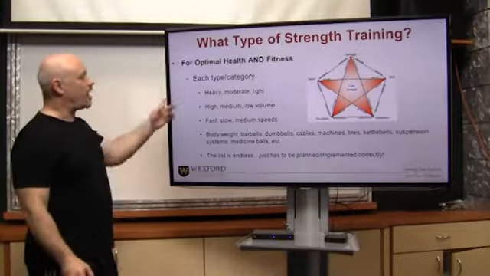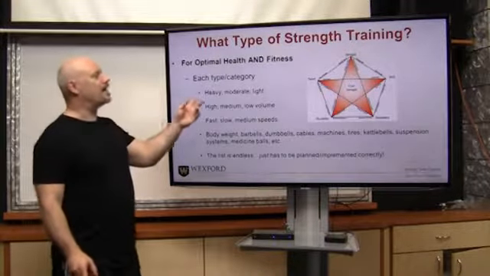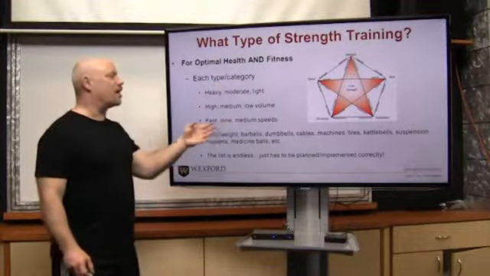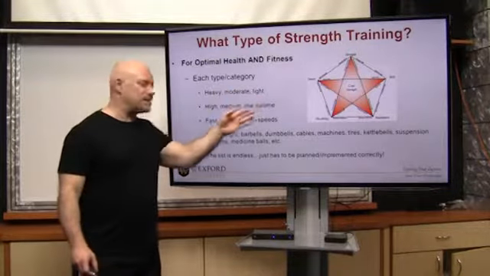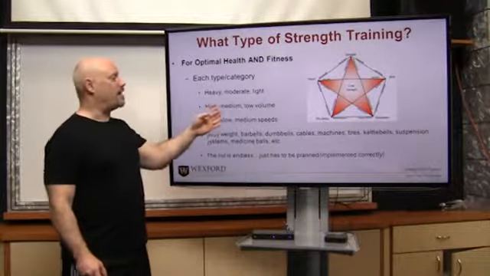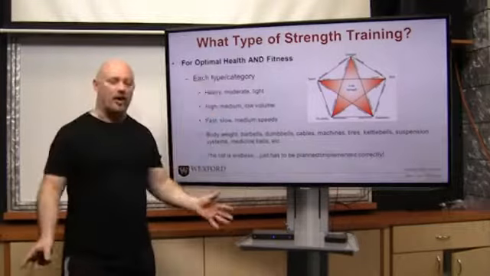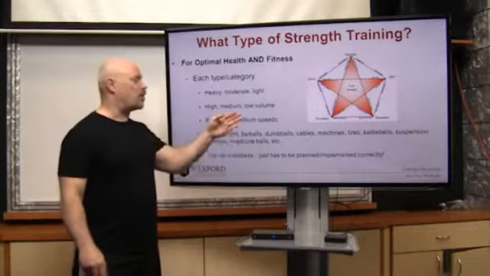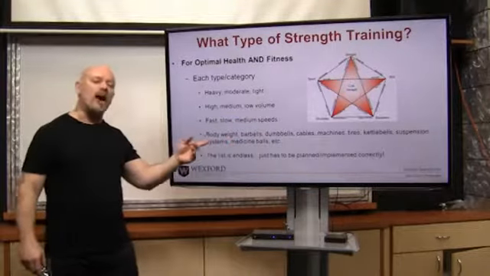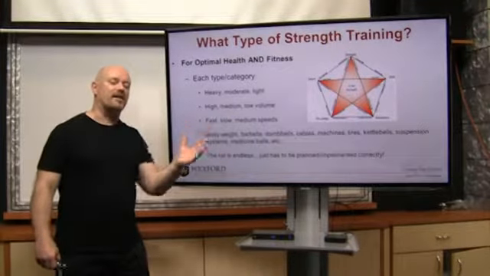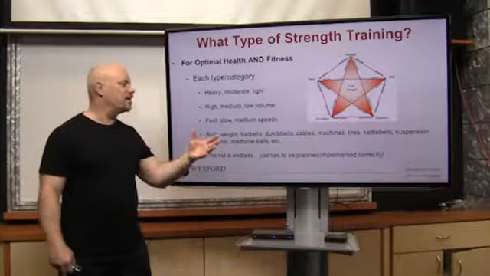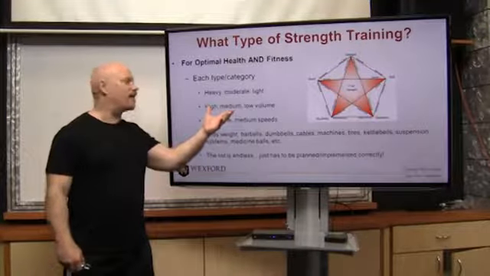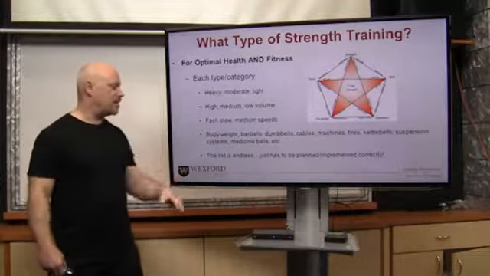What type of strengthening for optimal health and fitness? We need to work each category. We can go heavy, moderate, light. We can go high, medium, or low volume. How much work are you actually doing? We can go fast, we can go slow, we can go medium speeds, but we need to build up to doing things more efficiently, at higher levels, higher volumes, and at higher intensities.